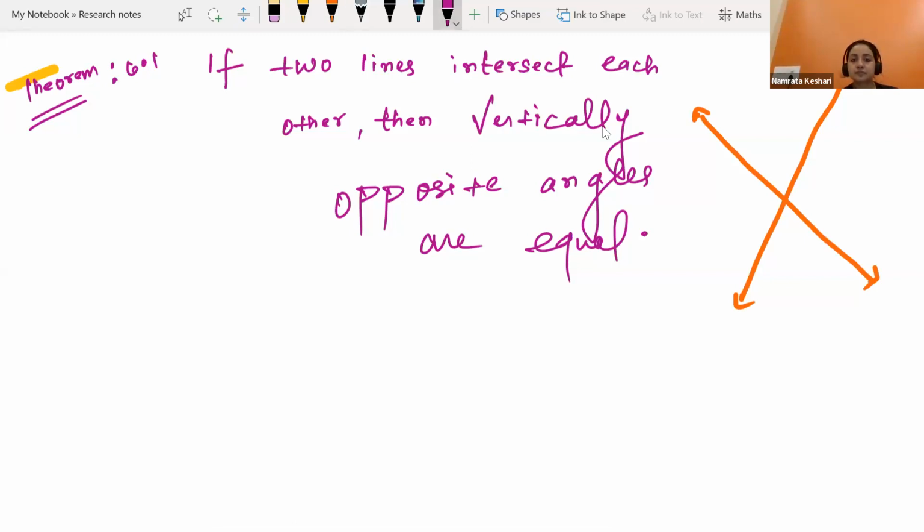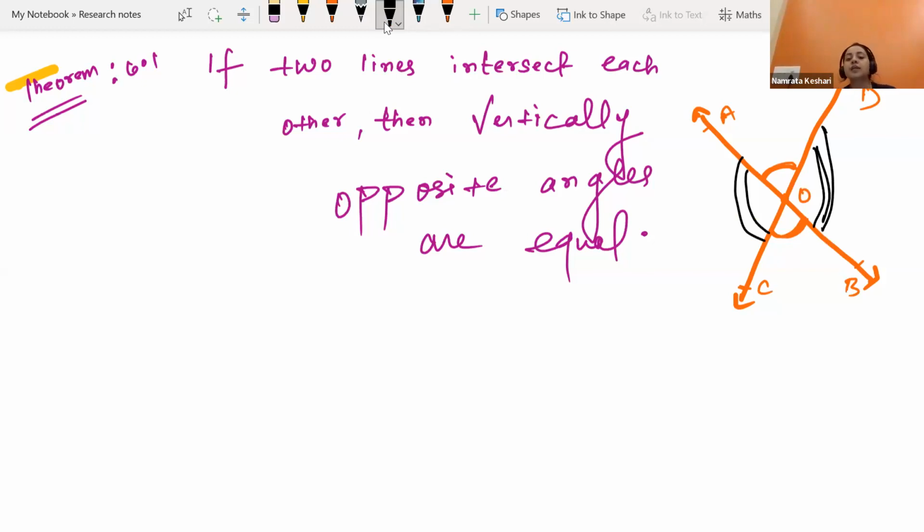So this is A, this is B, and C, D intersect each other, and the vertically opposite angle pairs we are getting are AOD and BOC, and BOD and AOC.